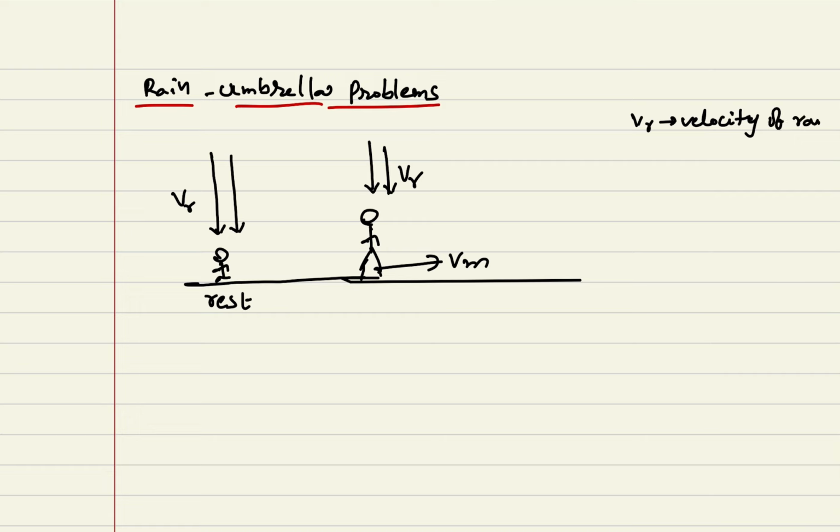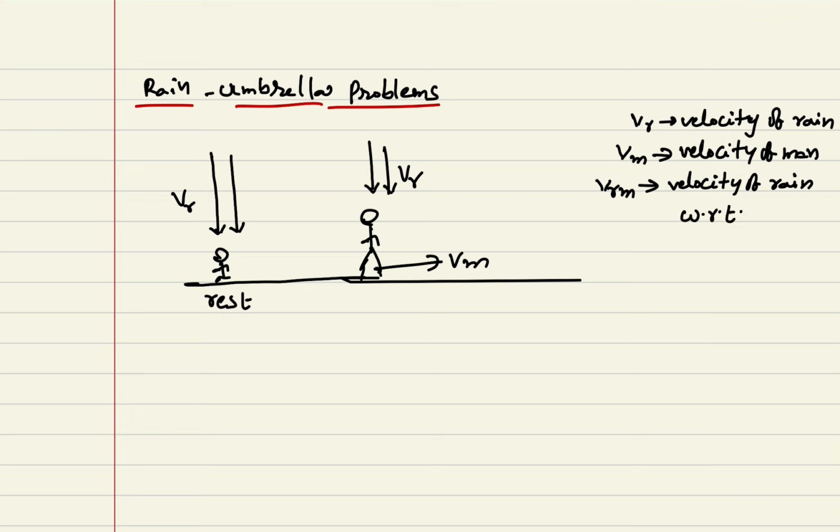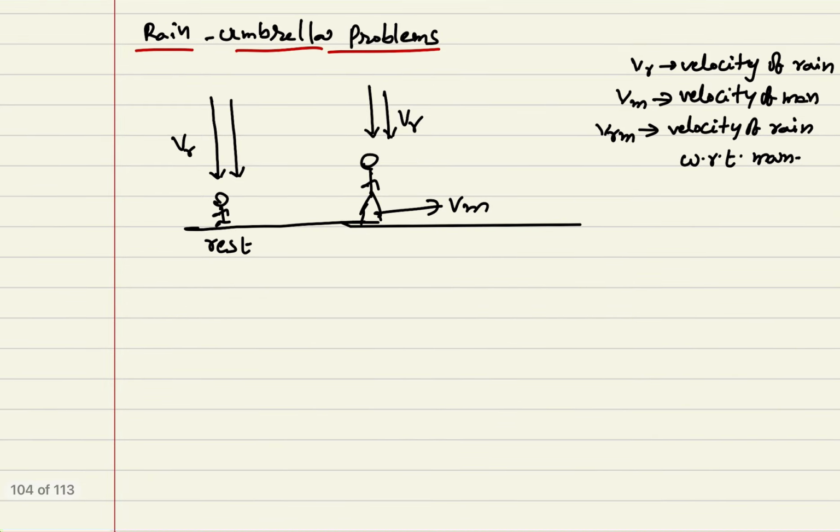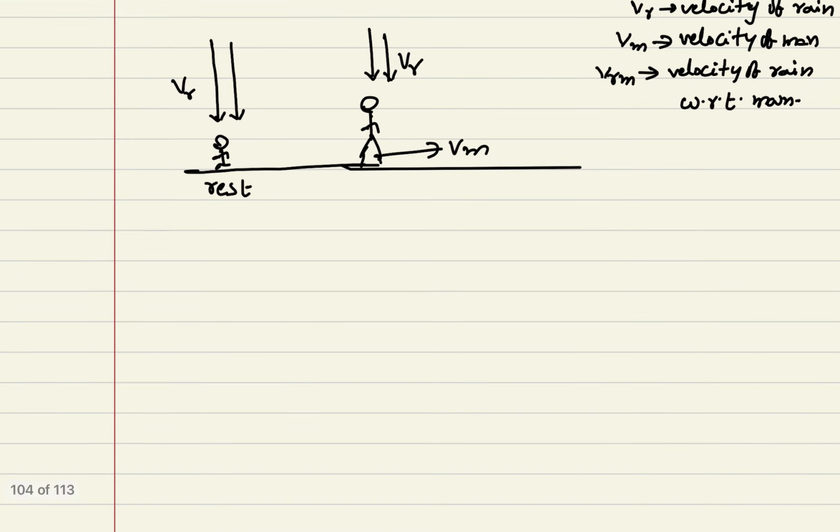I am writing VR as the velocity of rain with respect to ground. Velocity of man is VM. Velocity of rain with respect to man I am writing as VRM. Now, whenever the person is moving like this and rain is falling, he should protect himself from the rain. For that, what does he have to do?